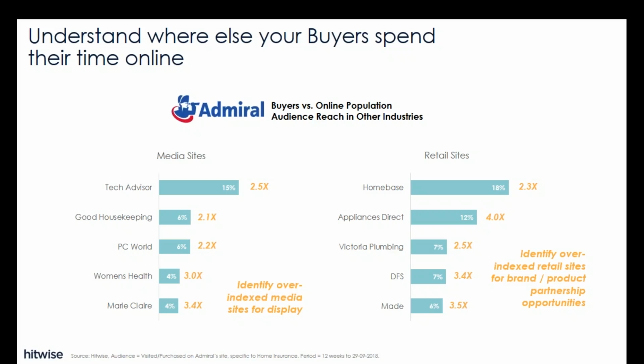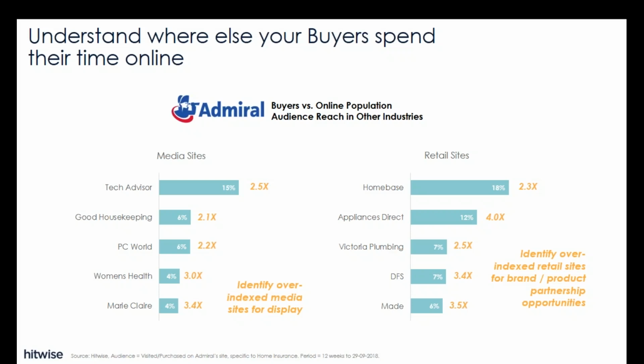So a couple of call outs here. When it comes to tech sites, they're over 2 times more likely, media sites, they're over 2 times more likely to visit TechAdvisor, but they're also 3 times more likely to visit other media magazines such as Women's Health and Marie Claire.